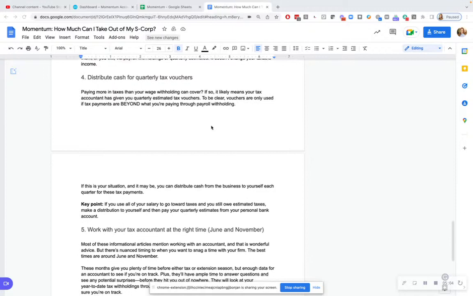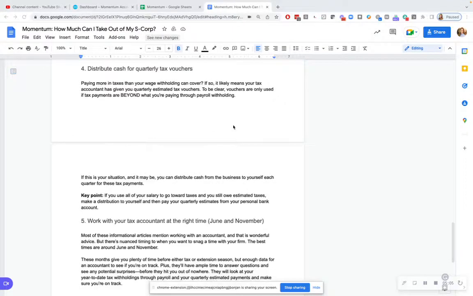So one thing you can do is take those vouchers, you can put them into your accounting system as bills, and they'll actually get coded to your owner's draws. And so each quarter, you'll know from a cash flow perspective how much money you need to distribute to yourself. In addition to your normal distributions, you can distribute the exact amount to cover your tax vouchers.